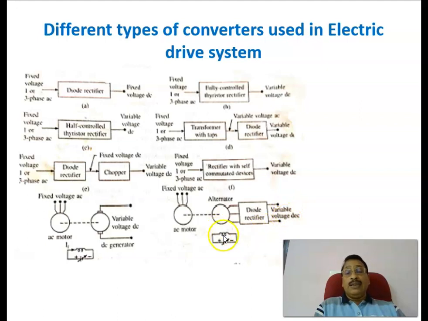Even the speed can be controlled, and you get a variable output voltage. This is another mechanical method of generating variable output voltage. For all these AC to DC converters, we will explain how, from a single phase or three phase AC voltage, you can get a fixed or variable DC output voltage. This is one type of the different converters used in electric drive systems.